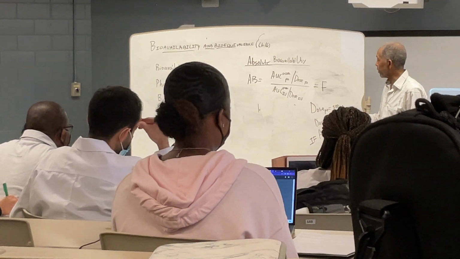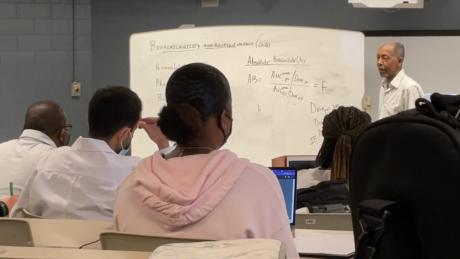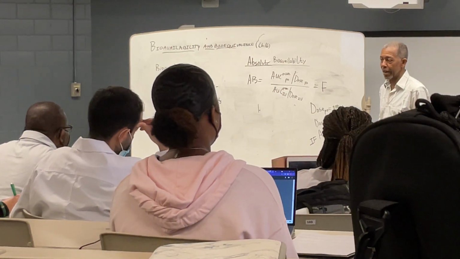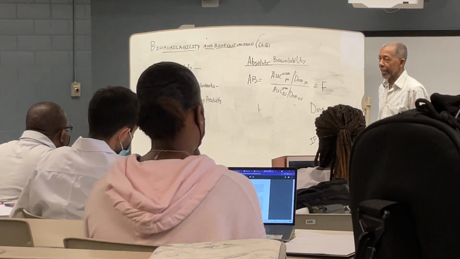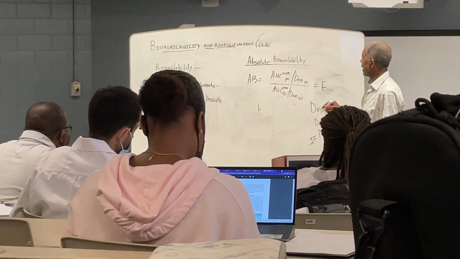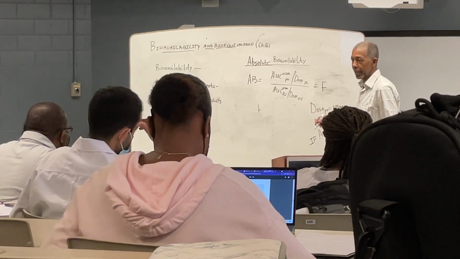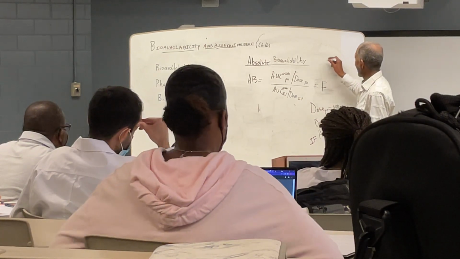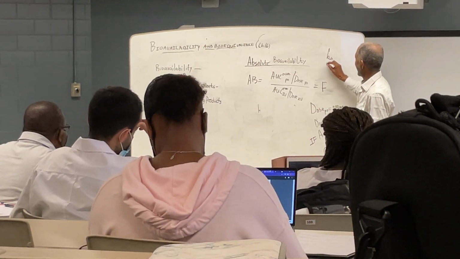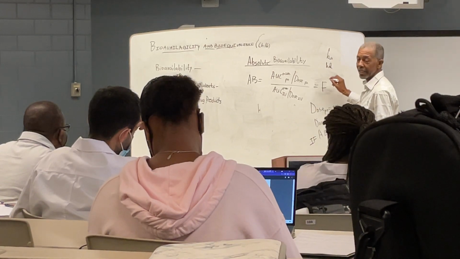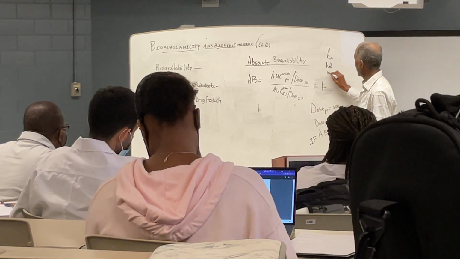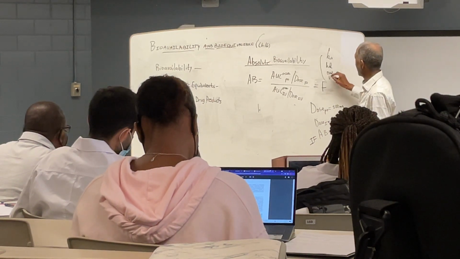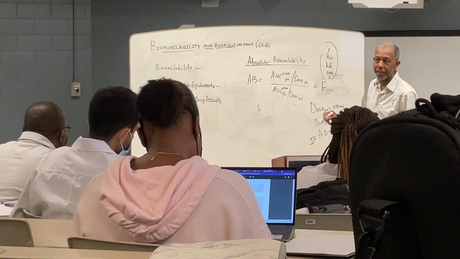I have them calculate the absolute bioavailability from the area under the curve, and then I ask them to calculate the concentration of drug in the blood after a certain dose. So they have Ka and KEL, they know the dose, they know the volume of distribution, the kind of stuff that we need to calculate the plasma concentration.